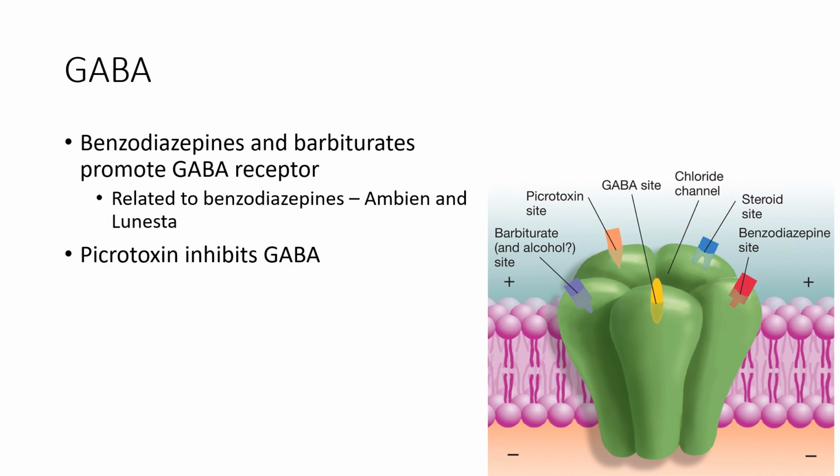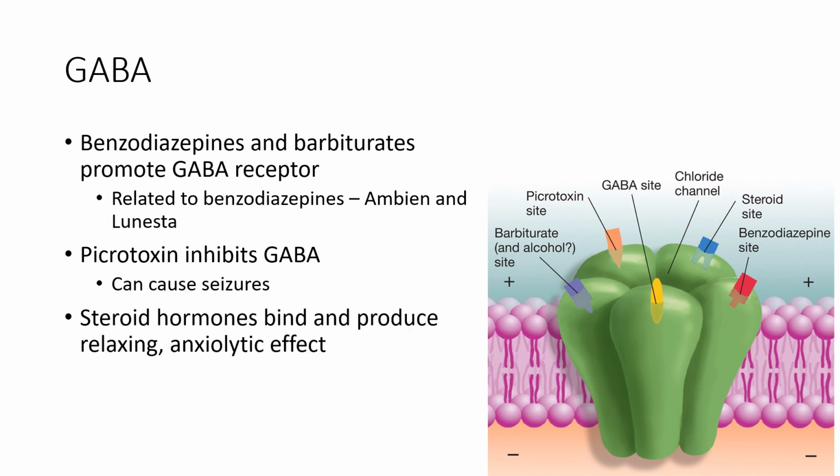Now on the flip side, you see a site for what's called picrotoxin. This inhibits GABA. So this doesn't promote GABA, it inhibits that calming effect through the body. This can cause seizures potentially, as you can imagine, because that inhibitory effect on the excitatory neurons isn't happening, because GABA is being inhibited with this particular drug.